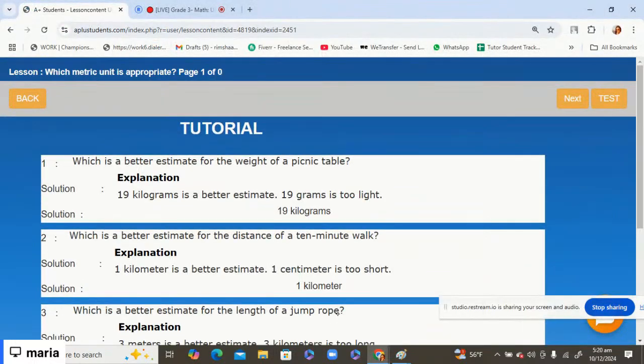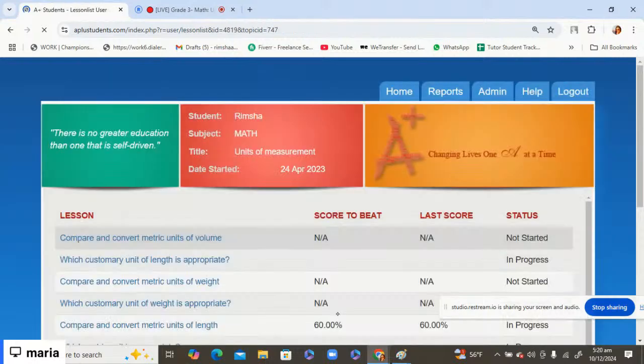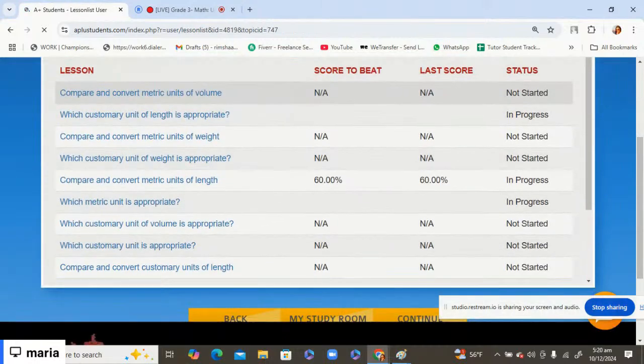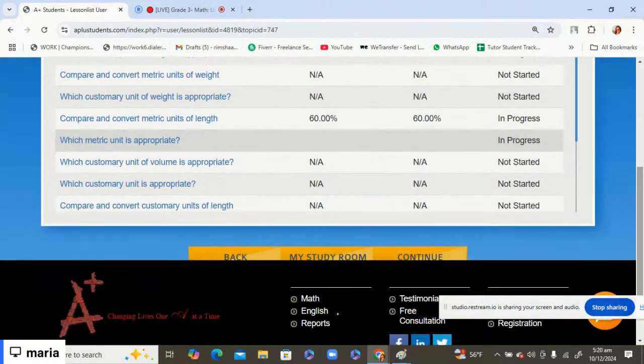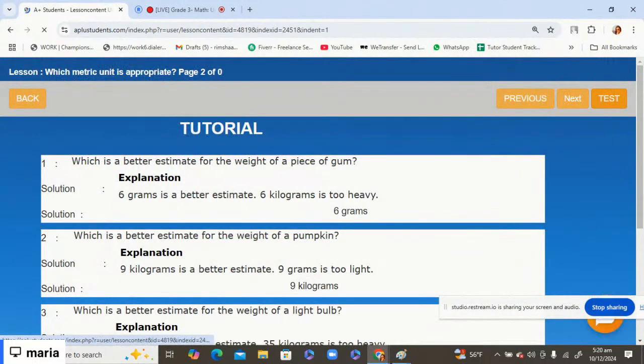All right, now let's do some test questions for that, or maybe some lesson questions firstly. Which is a better estimate for the weight of the piece of gum? It's just a piece, so we are using the smaller unit like grams, not kilo.